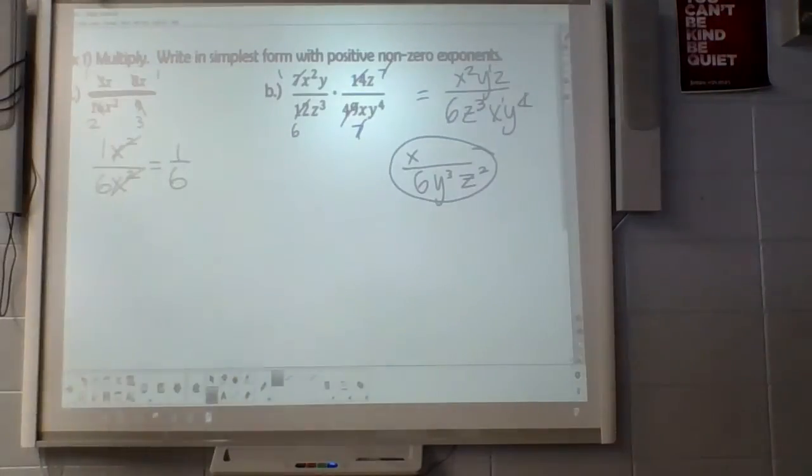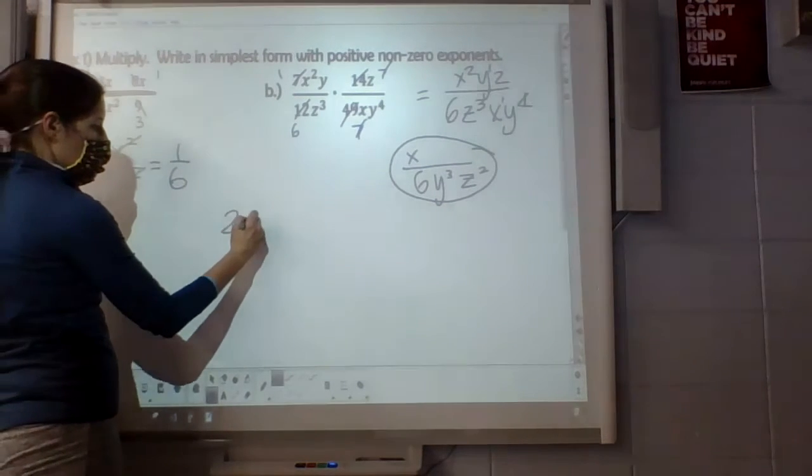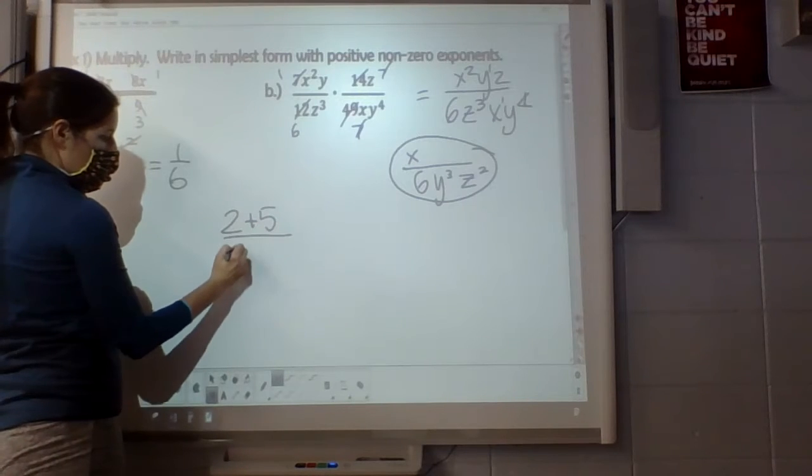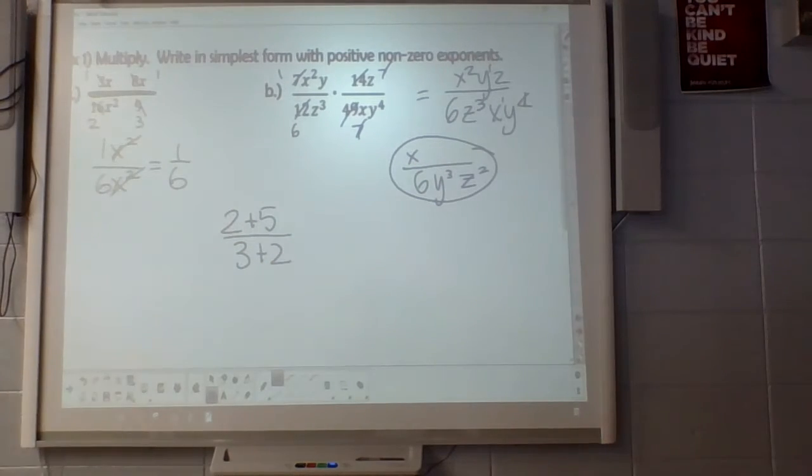Before we work on to our next type of problem, I want to show you something that hopefully will make sense to you, and I think we might have mentioned this previously. If I have (2 plus 5) over (3 plus 2), can I just cancel those 2's out and make this 5 over 3?